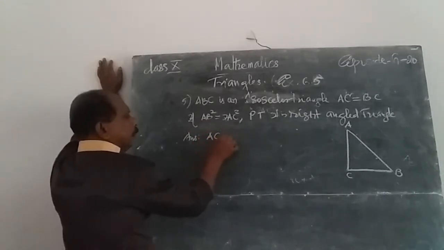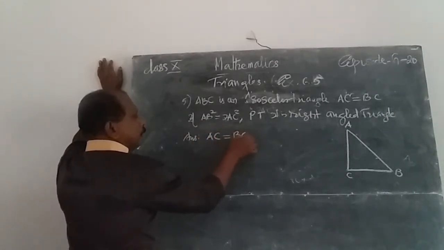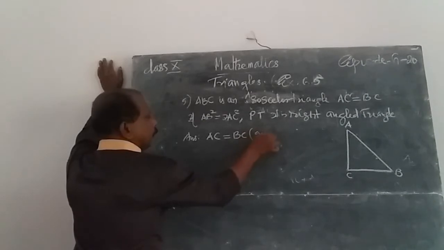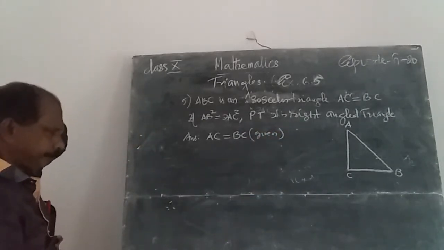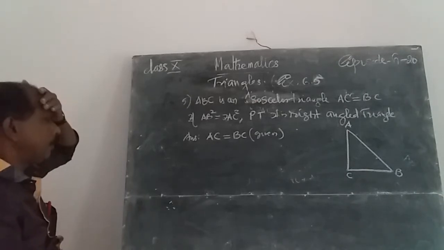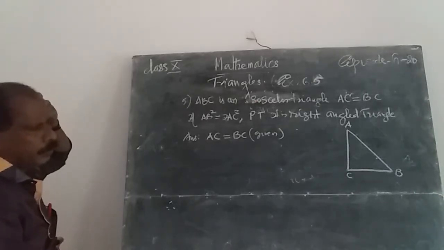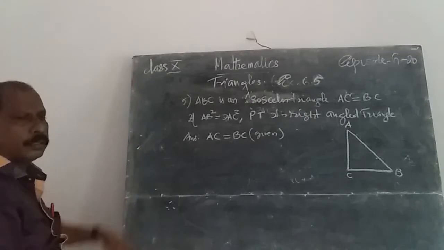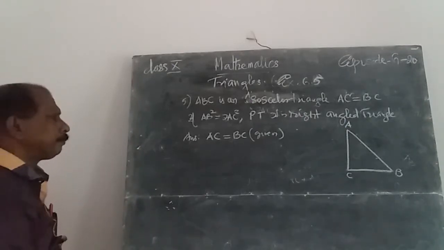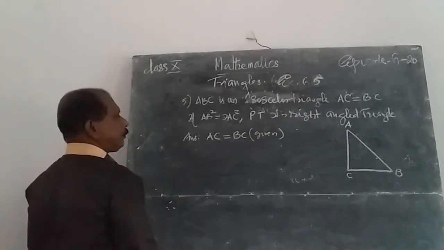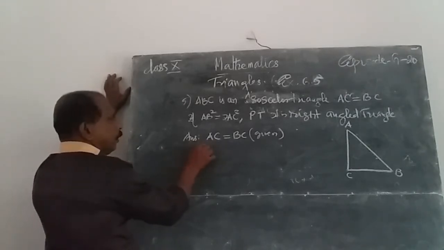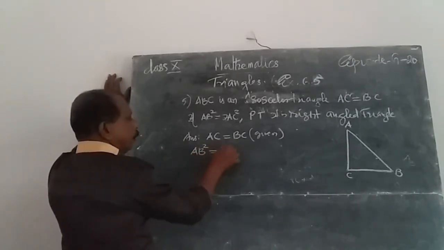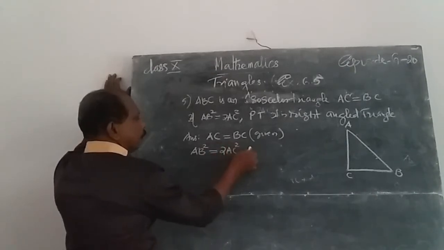AC is equal to BC. That is equal. Therefore, base angles are equal. And AB square is equal to 2AC square.